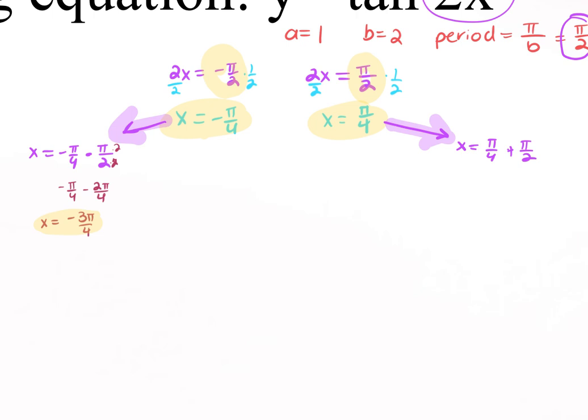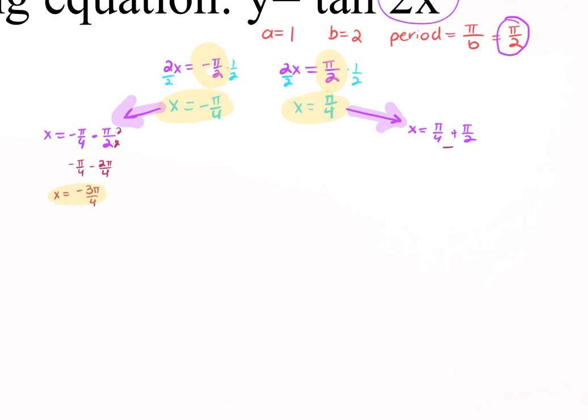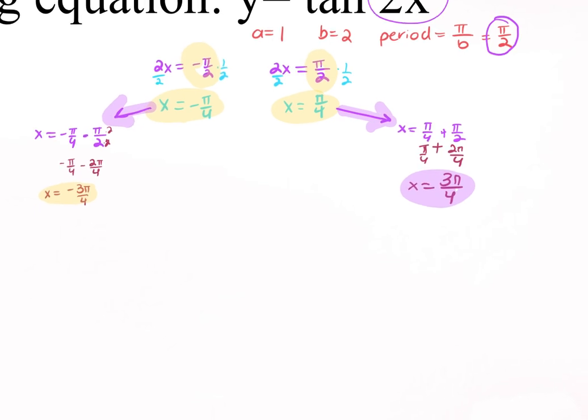And then visually, these literally will go left to right on your x-axis. So the one on the right, I'm going to add the pi over 2. This was pi over 4 plus 2 pi over 4, and I get a positive 3 pi over 4. Now this is symmetric. They're not always symmetric, but this one is symmetric.